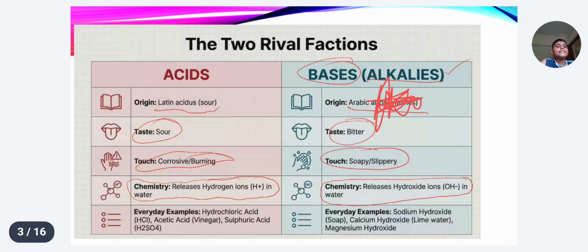Chemically they release OH minus ions in water. Everyday examples are sodium hydroxide for making soap, calcium hydroxide for making lime water, and magnesium hydroxide for making milk of magnesia.